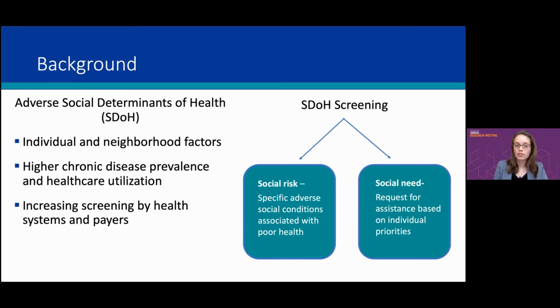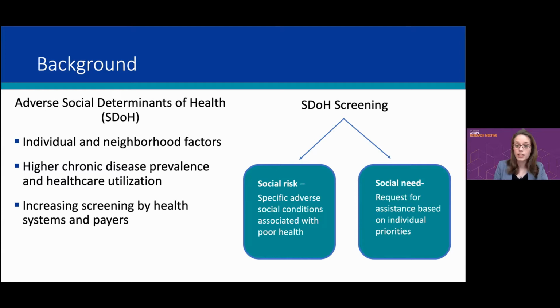And those factors can be either positive or negative and can include both individual and neighborhood factors. And so here we talk specifically about adverse social determinants of health, meaning those social conditions that negatively impact people's health and health outcomes. And there's now a substantial body of literature showing that adverse social determinants of health can lead to higher chronic disease prevalence, as well as worse chronic disease control, both in adults and children, and higher healthcare utilization.